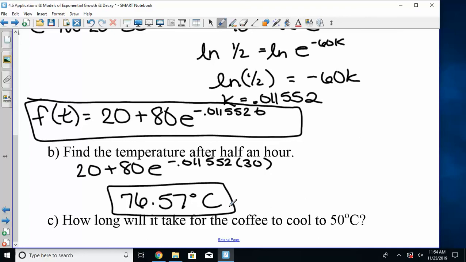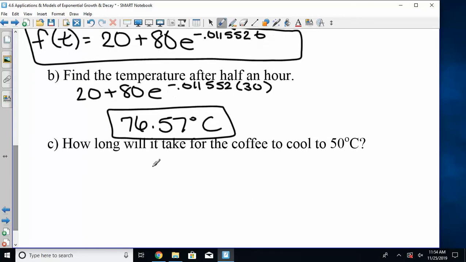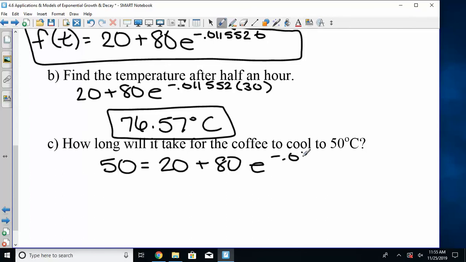Last one, part C. How long will it take for the coffee to cool to 50? What do you do at the 50? That goes in for your F of T. So we can subtract our 20.